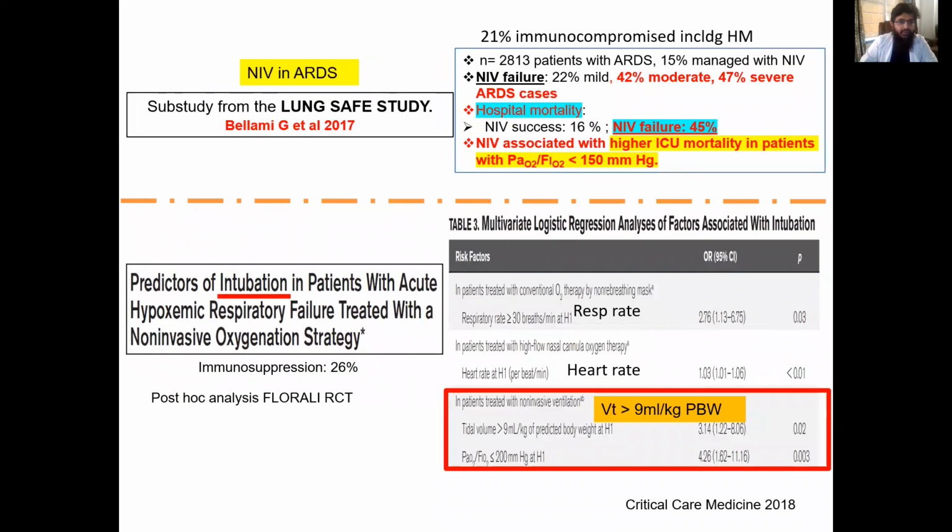In other similar studies, a sub-study from the LUNG SAFE study, looking at the utility of NIV in ARDS, found that hospital mortality was high in NIV failure, and patients with higher ICU mortality had a lower PF ratio, less than 150.